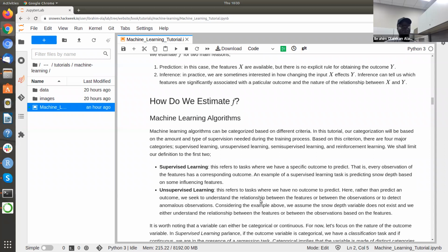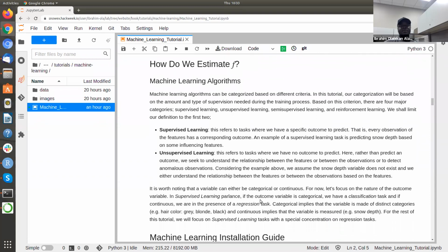An example of a supervised learning task is predicting snow depth based on some influencing features, just like the ones we've mentioned above. On the other hand, we have unsupervised learning. In this case, we assume you don't have a snow depth, but you want to look at the relationship between the observations in your data set, or the relationship between the variables. Some of the algorithms you commonly use in that case are clustering, where you cluster all the observations based on the features you have, or dimension reduction, where maybe you have too many variables and you want to reduce the dimension.